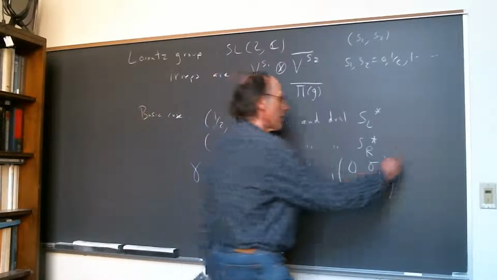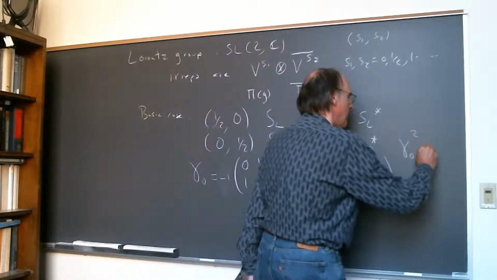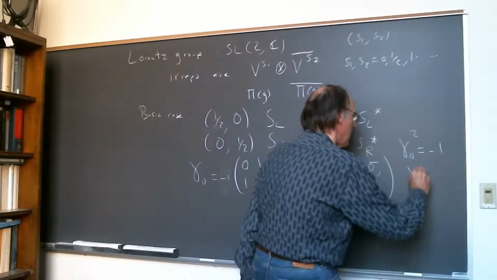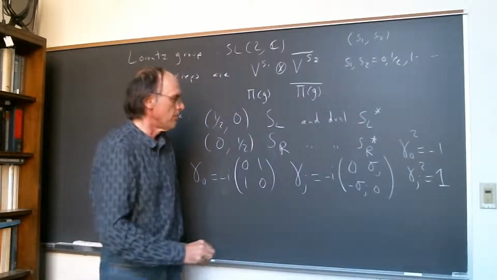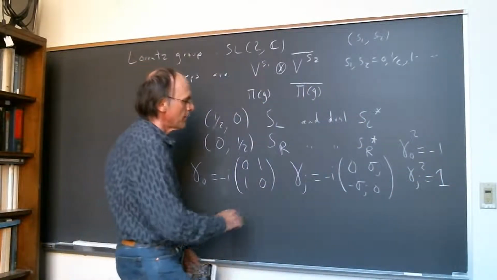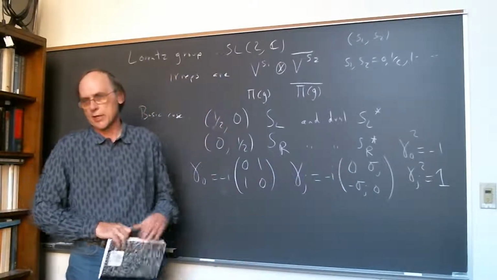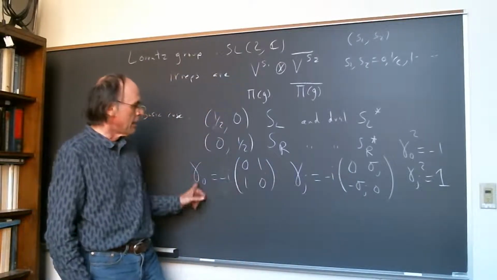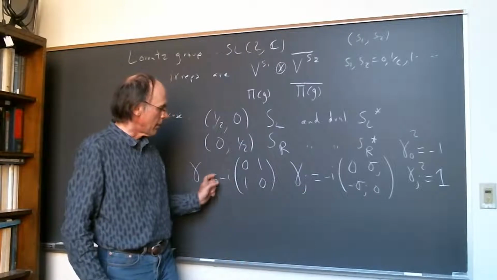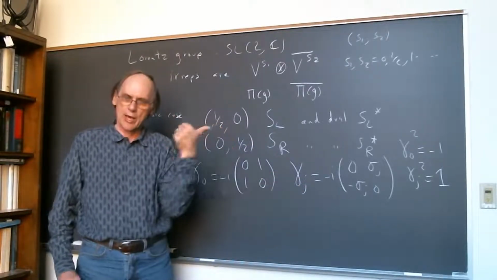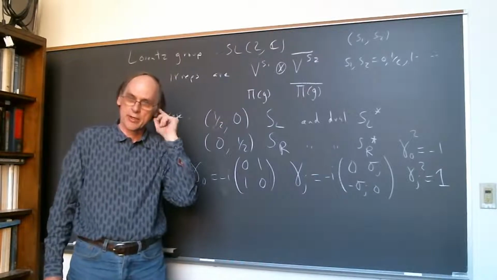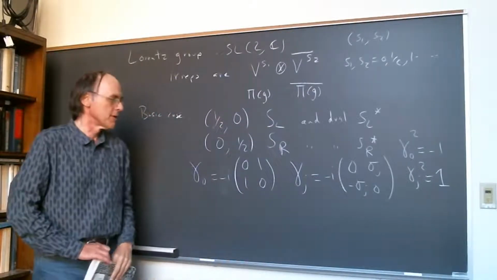So you'll have gamma 0, 1, and so on, and different ones will anti-commute. If you multiply any one of these by any other one, and then do it in the opposite order, you're going to get a minus sign. So that's the Clifford algebra for this one.